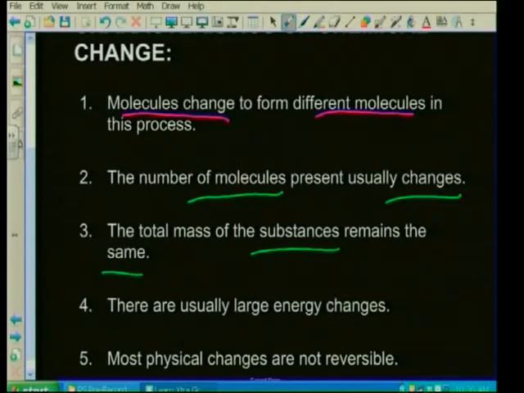There are usually large energy changes. So that's a difference between physical and chemical. Chemical, large energy change. Now, when we did the reaction, even pouring the sulfuric acid into the sugar, that container got really hot. So hot that we generated steam. And it was too hot to hold the glass. It really released lots and lots of heat.